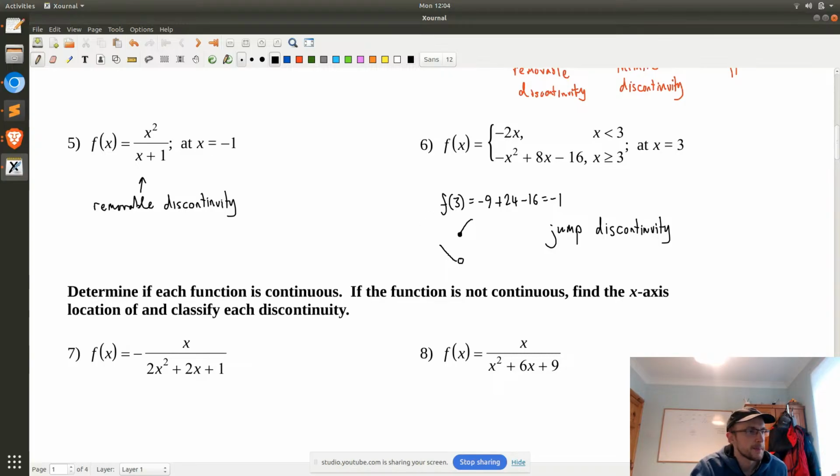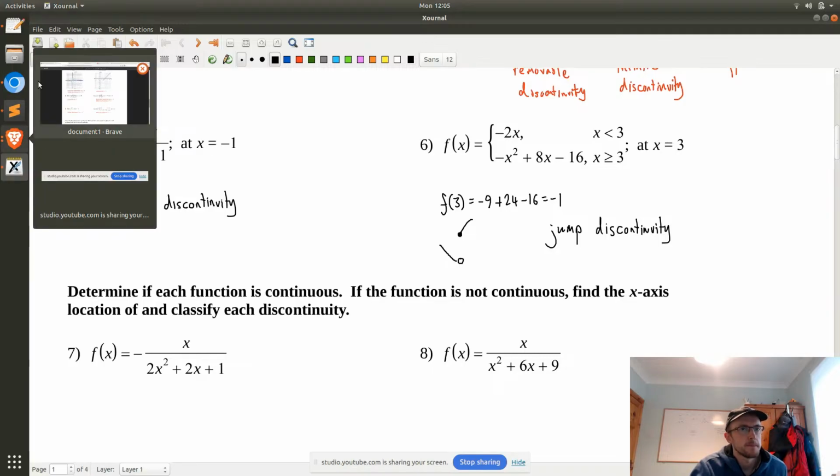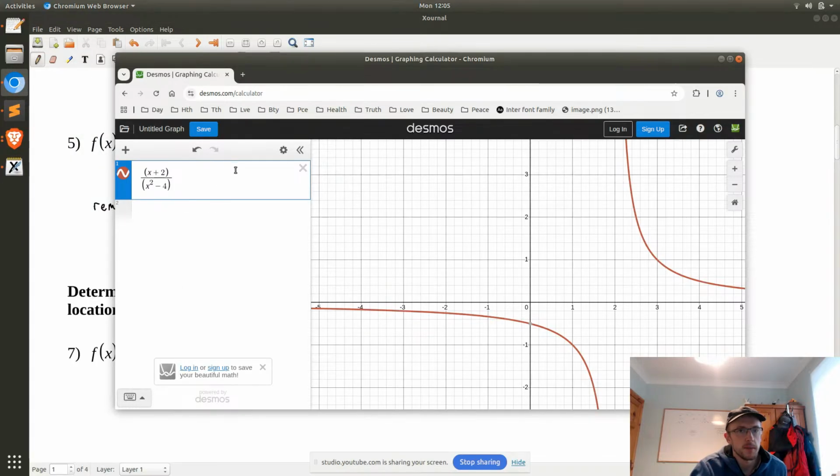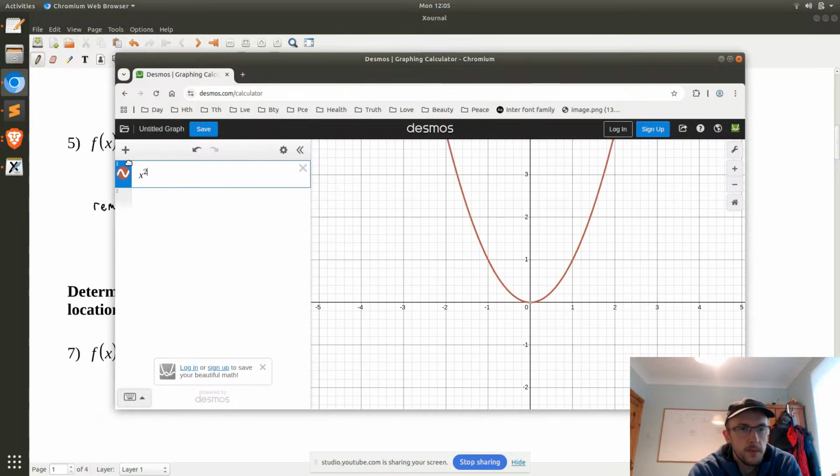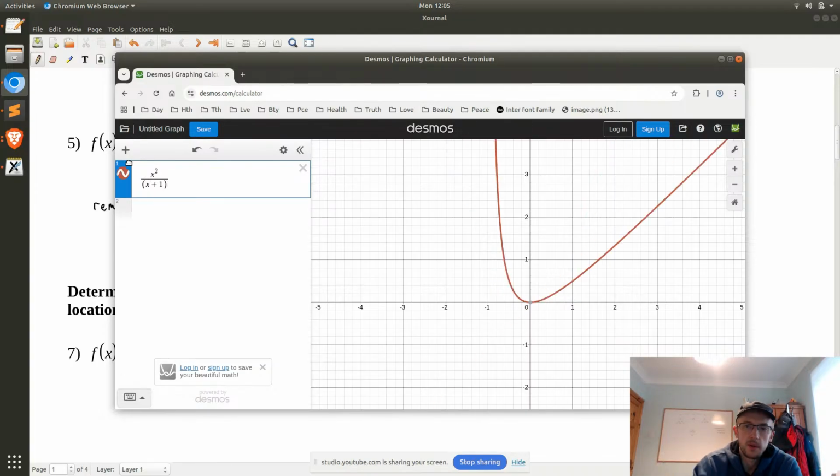And we must check. Okay, darn it. That's correct there, but this is not a removable discontinuity, it's an infinite discontinuity. Right, okay. X squared of x plus 1. All right, so it actually looks like that. It doesn't imitate a linear. That's wrong. That's the wrong way to think about it.